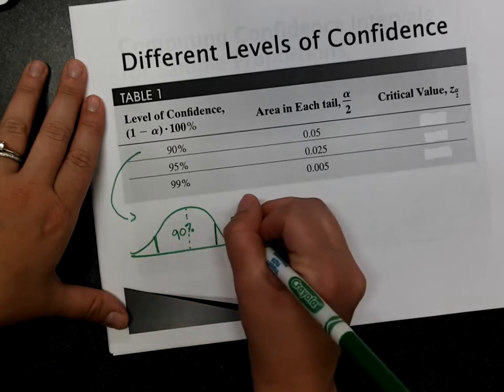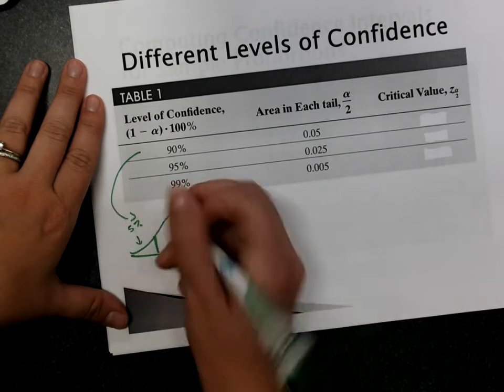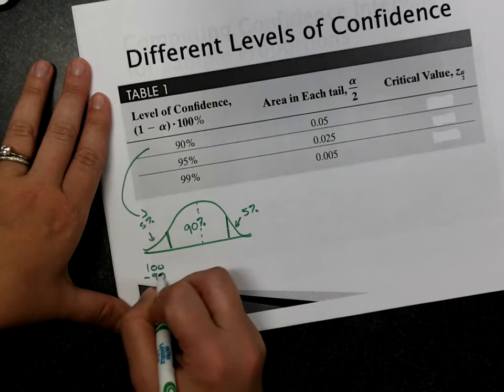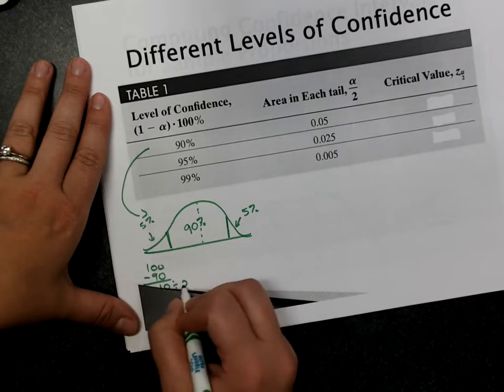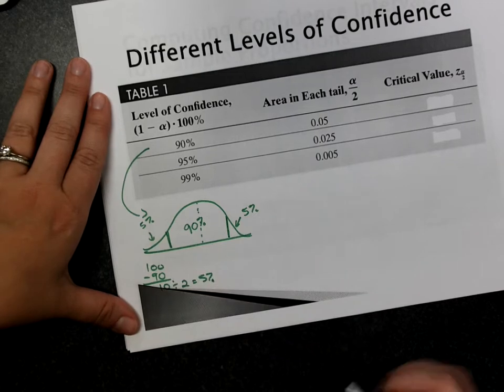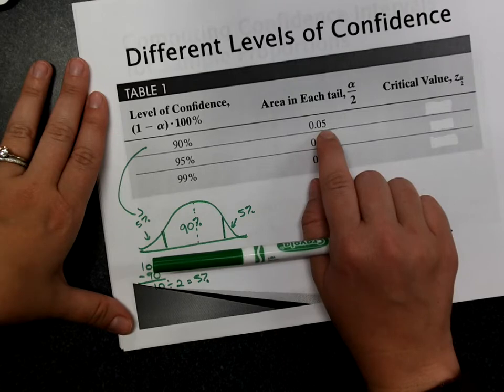That leaves 5% in the upper tail, and that leaves 5% in the lower tail. I'm getting that number from doing 100 minus 90, which is 10, and dividing that equally between the tails. So 5% up top and 5% on the bottom. So that is 0.05 as a decimal.